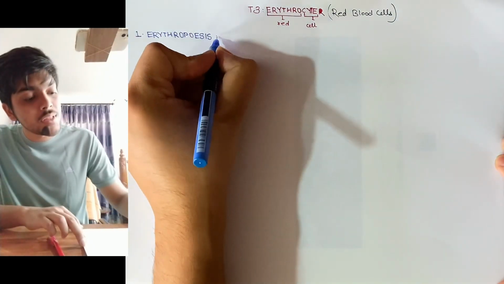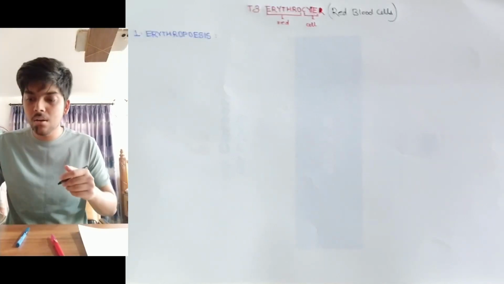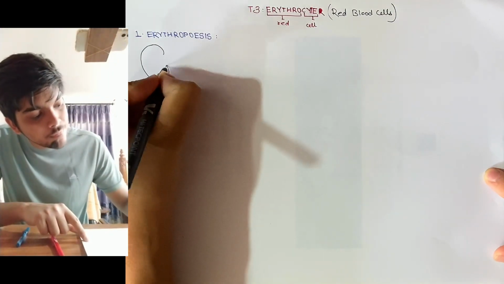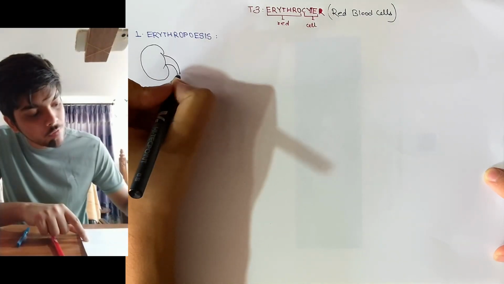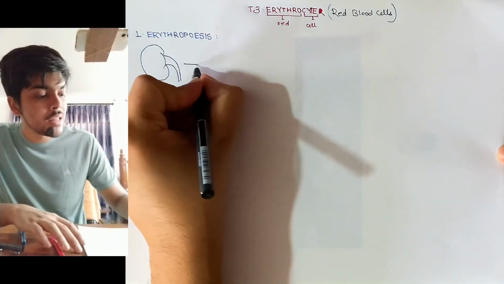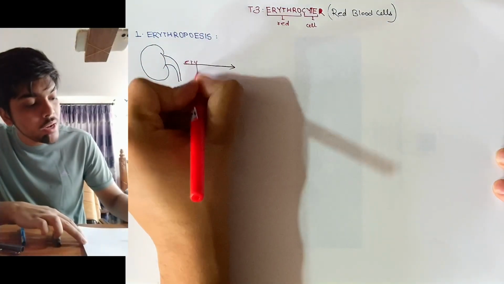How does erythropoiesis take place? This is how it takes place. Let me use a better pen. Here's your kidney, out of which pelvis comes out, which extends in the form of ureter. Kidney contains special cells that produce hormone, namely erythropoietin.